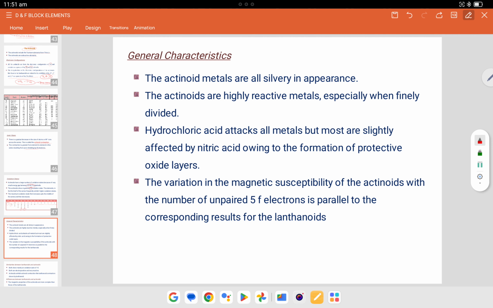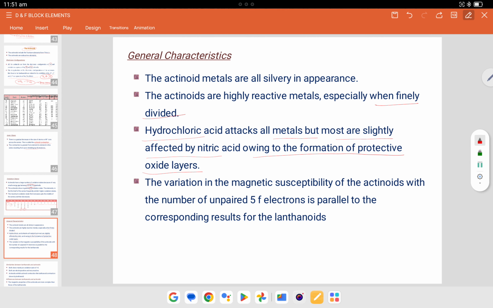General characteristics: the actinoid metals are silvery in appearance. The actinoids are highly reactive metals, especially when finely divided. Hydrochloric acid attacks all the metals, but most are only slightly affected by nitric acid, owing to the formation of a protective oxide layer.